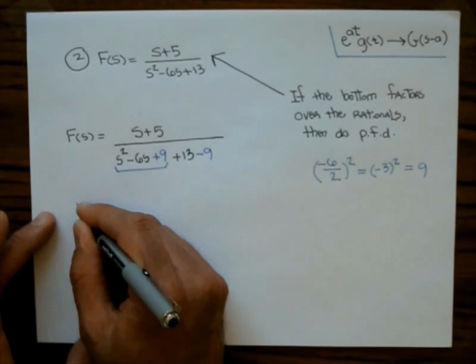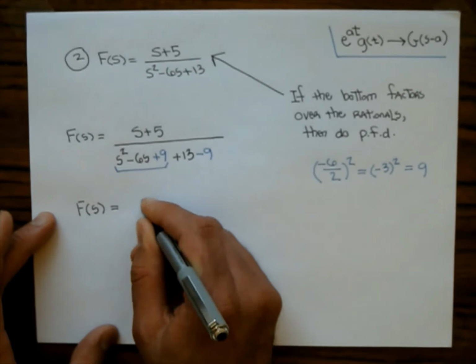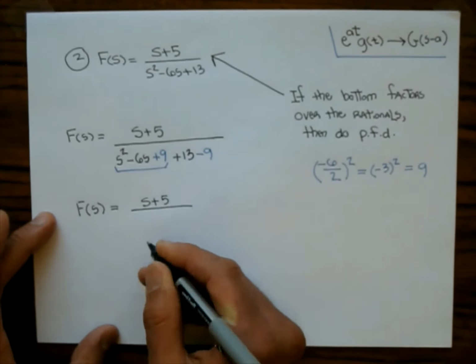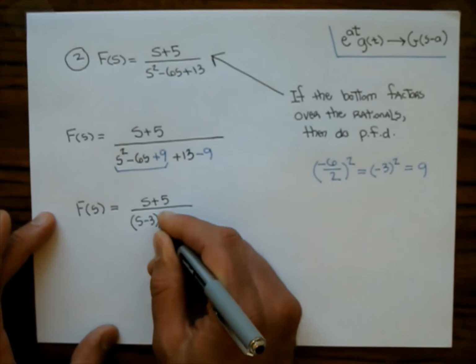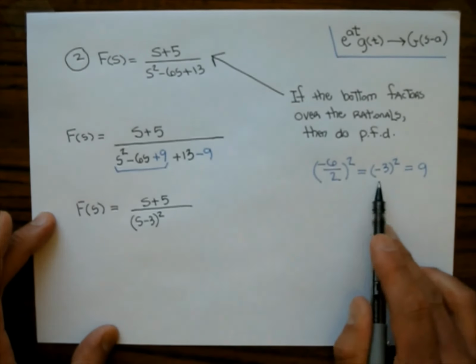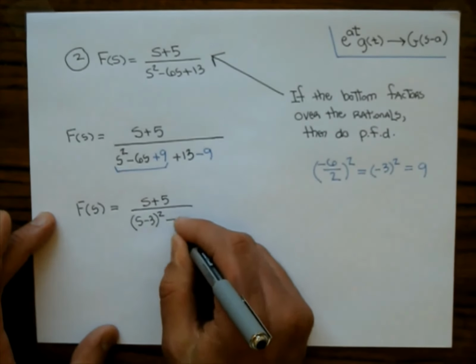So let's go ahead and write that up. This is f of s equals s plus 5 all over s minus 3 squared. That's what it becomes. And this number right here, negative 3, is always the number you see in there. And then 13 minus 9 is 4.